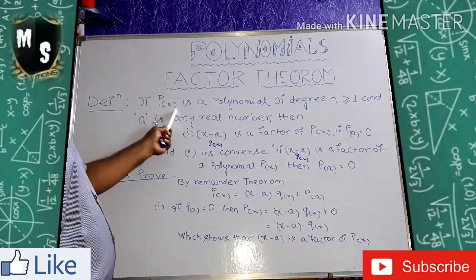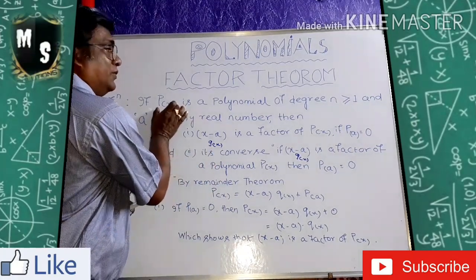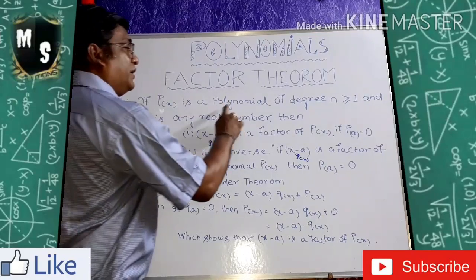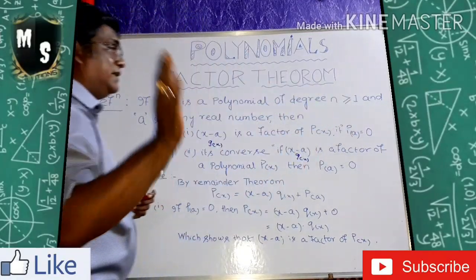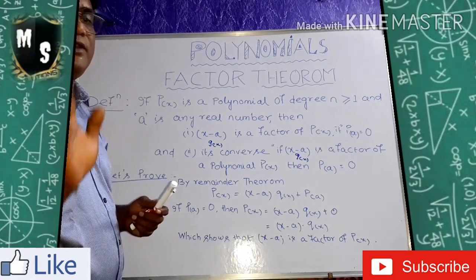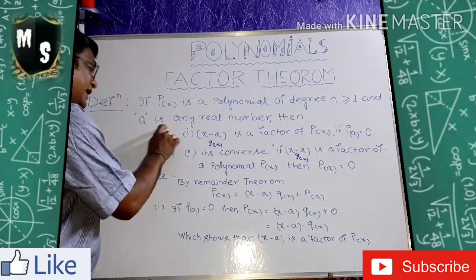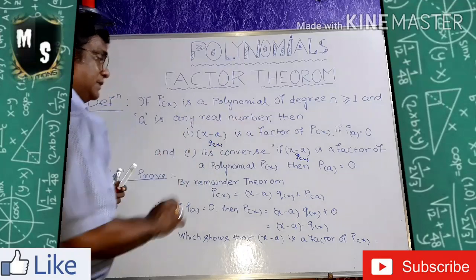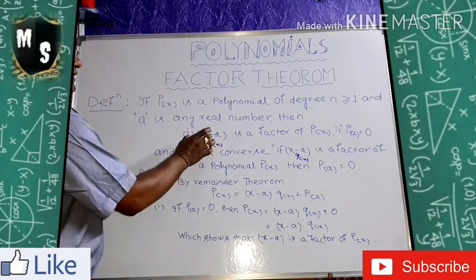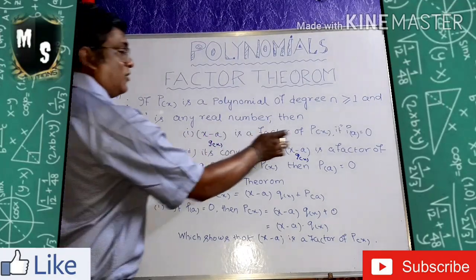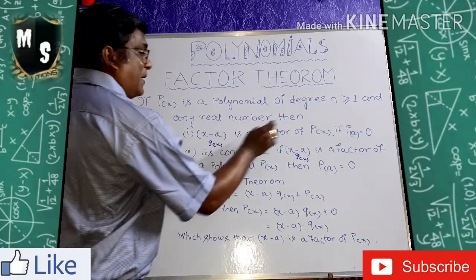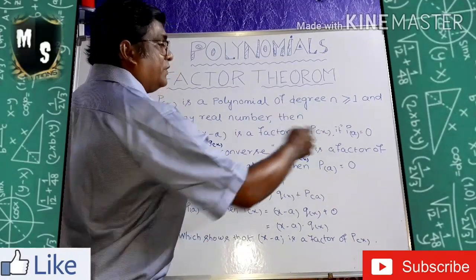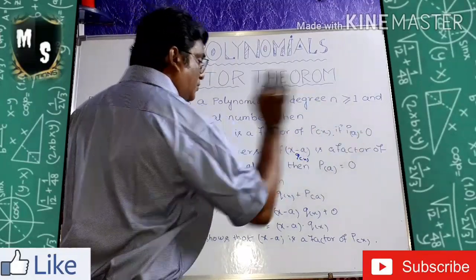If a polynomial p(x) is given to you, and the degree of the polynomial is greater than or equal to 1, that means it is a linear, quadratic, or cubic polynomial, then if a is any real number, x minus a is a factor of p(x) when p(a) is equal to 0.